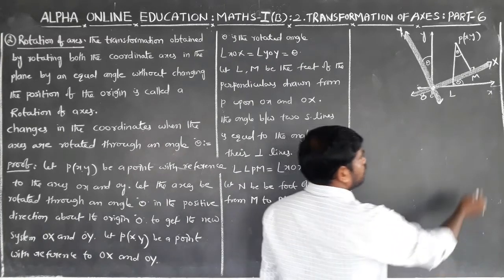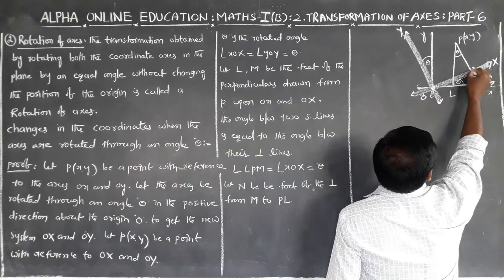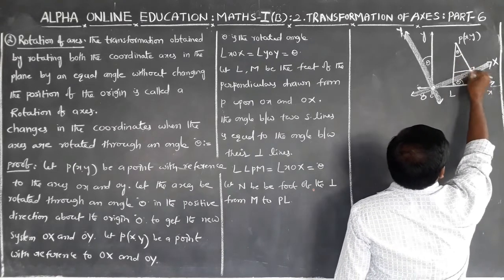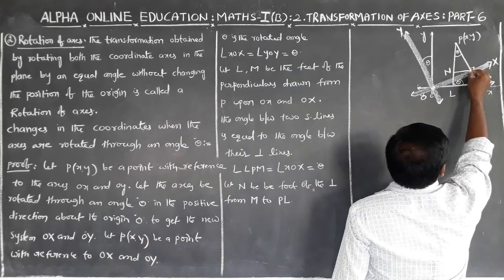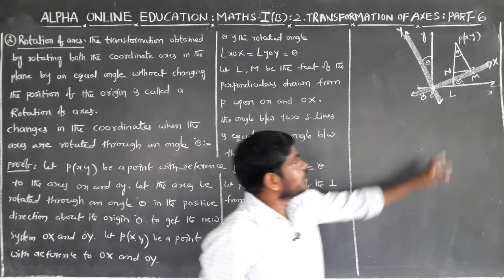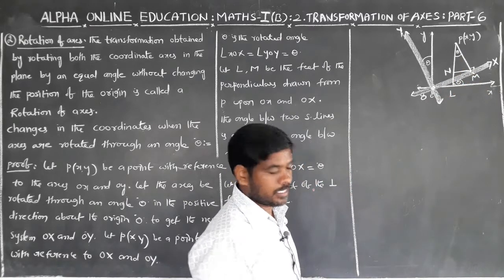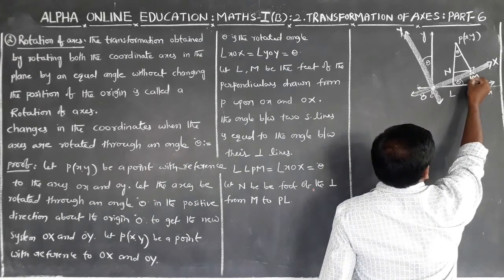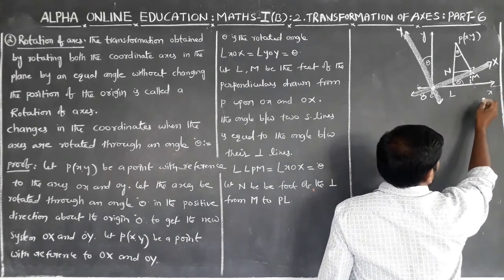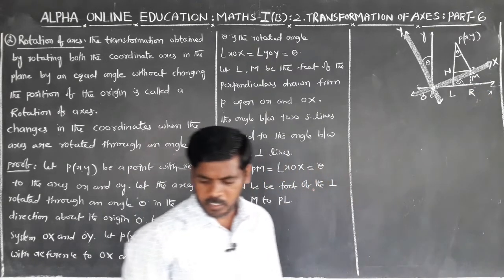Again, write the foot of the perpendicular drawn from M to PL. Here N is the foot of the perpendicular drawn from M to PL. Again, write the line drawn from M to O small x. This is R.